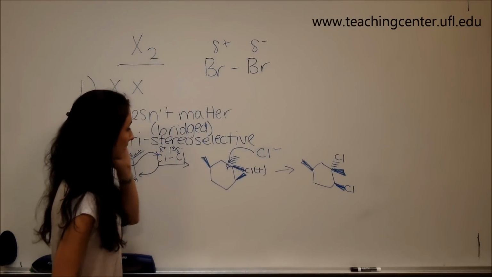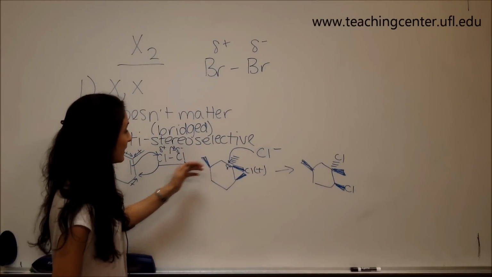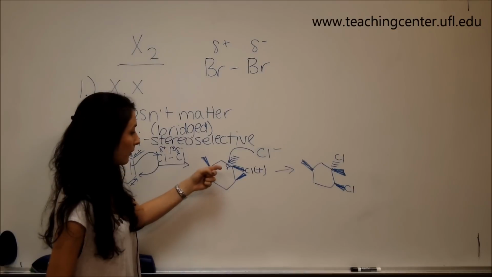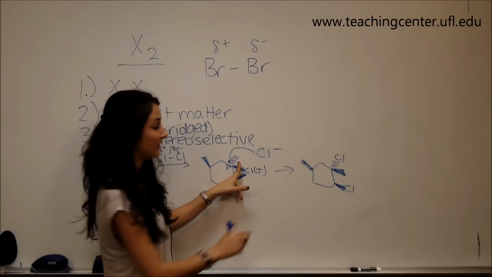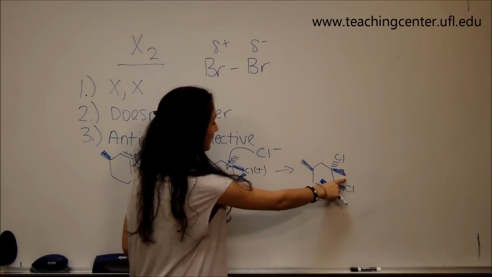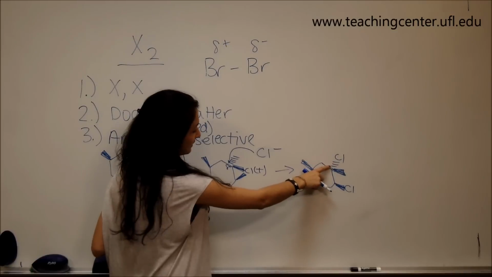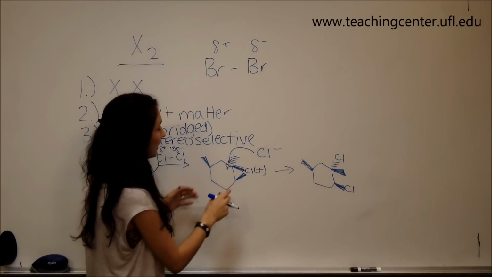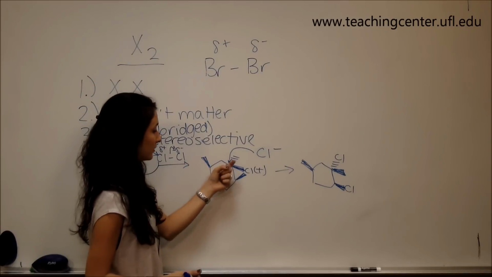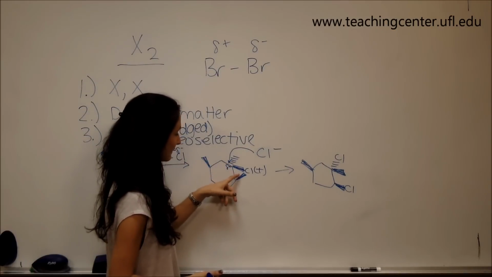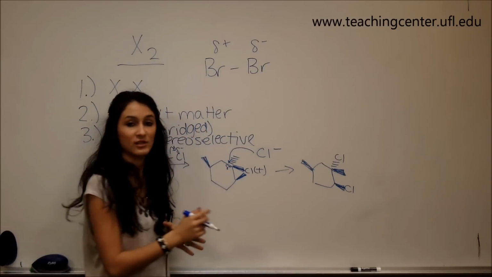So this chlorine comes from behind, pushing this methyl group forward. You see the methyl was on a dash, now it's on a wedge. The chlorine comes from behind, so it's on a dash. And then this bond just breaks as this pushes forward into that plane of space. So this chlorine stays attached to that carbon.